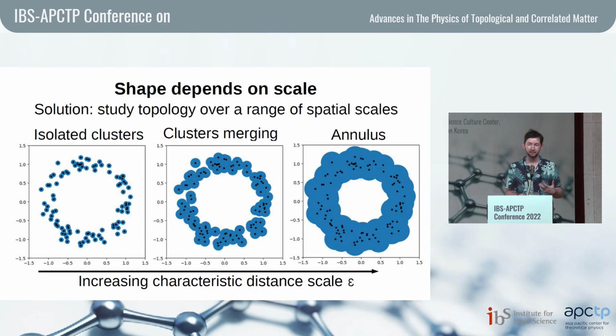As we increase this distance scale, nearby points will start to become connected, and eventually there will be some characteristic distance scale or range of scales over which our graph or our complex will reproduce the large scale structure seen in the point cloud.